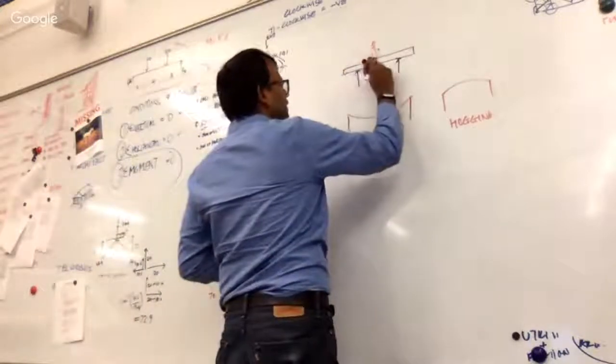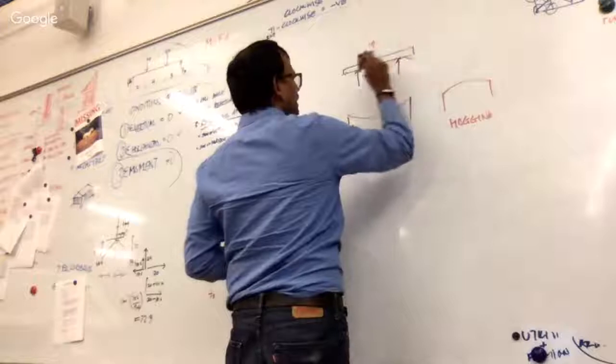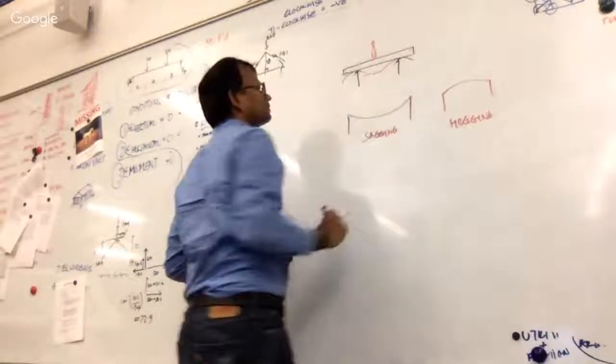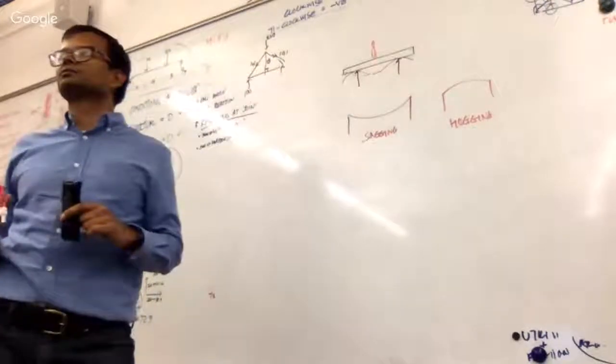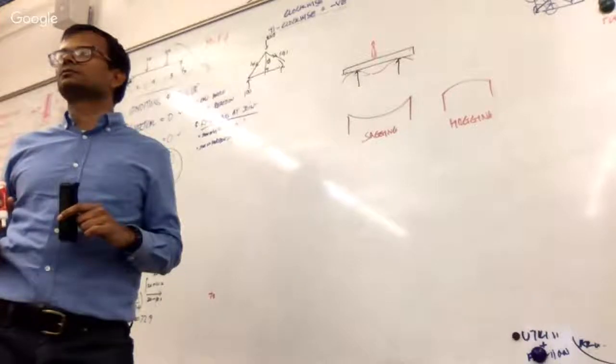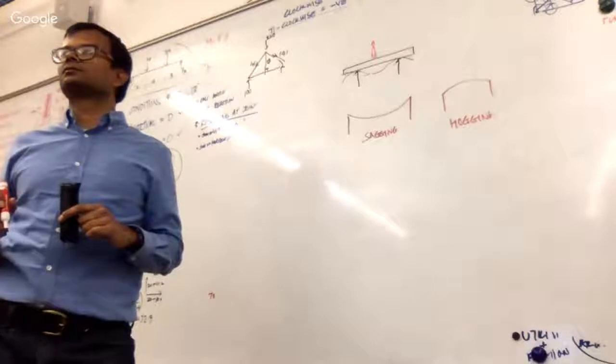It would deform like that and then bend like that, right? I'm talking about how the columns fail. They go in, they push up.